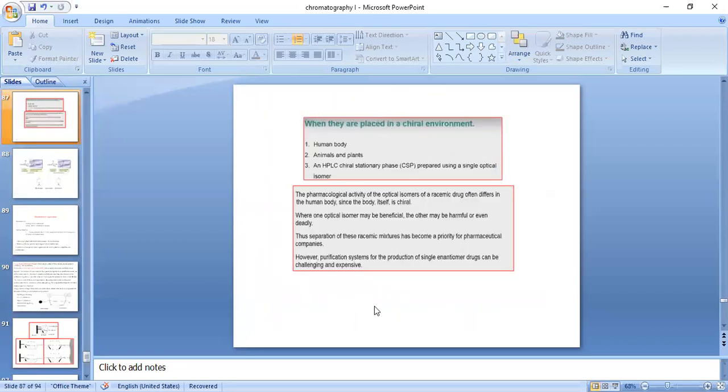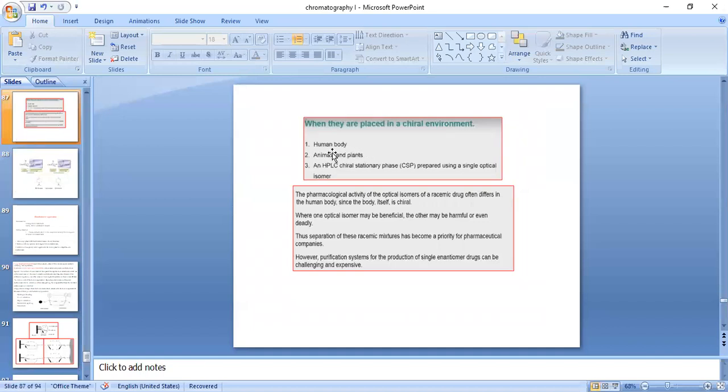Now, how do these drug molecules behave differently? We are focused on this because when we place a drug in a chiral environment like the human body, it can differentiate the chiral molecules. Animals and plants can also differentiate them. So you have plant pesticides which can have a racemic mixture.